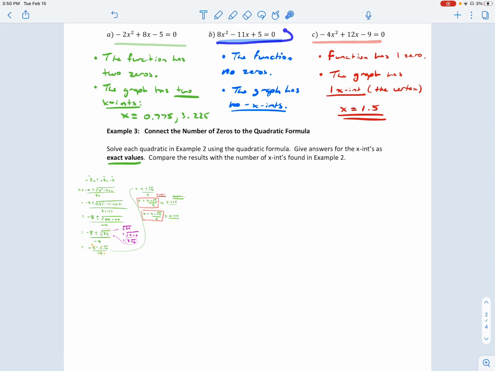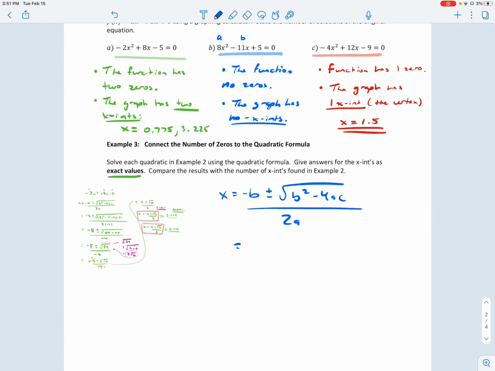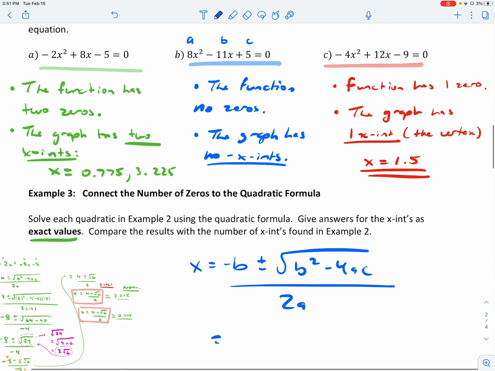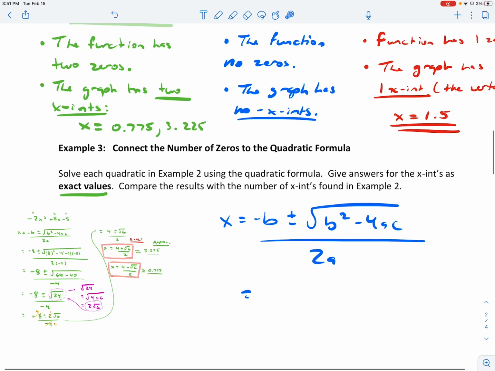Okay, we're going to apply the quadratic formula to this one now. I'll switch over to blue. Notice I always write out the quadratic formula every time. I know it's a little tedious, but it's going to help you remember it. So here are my values for A, B, and C. I'm just going to plug those in.